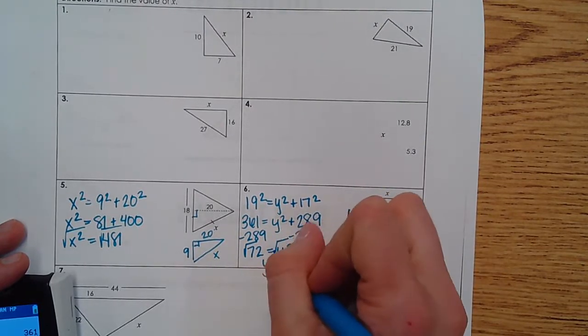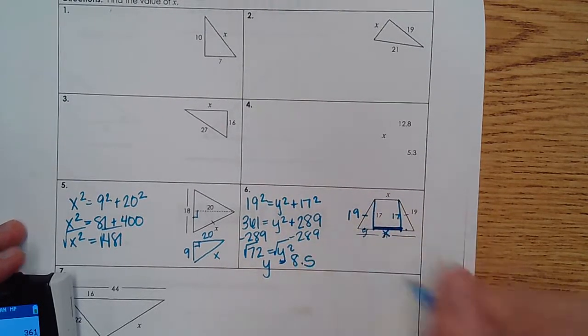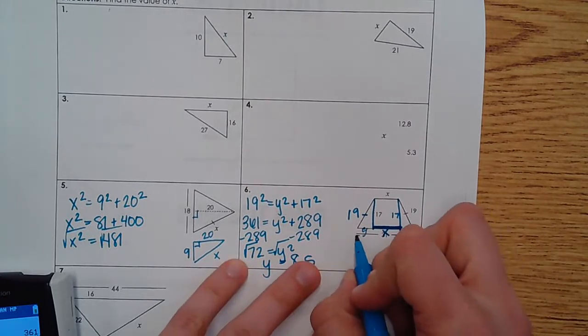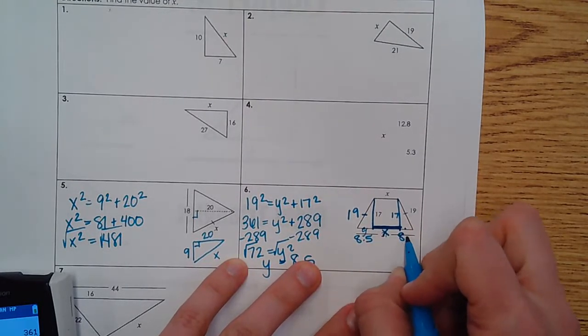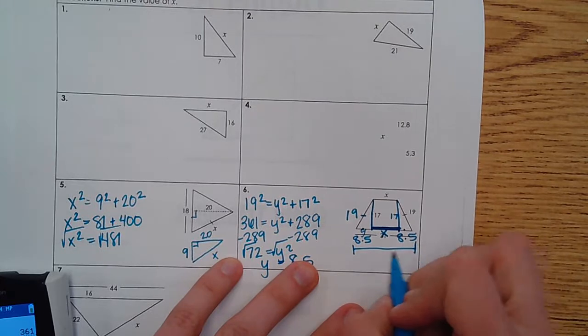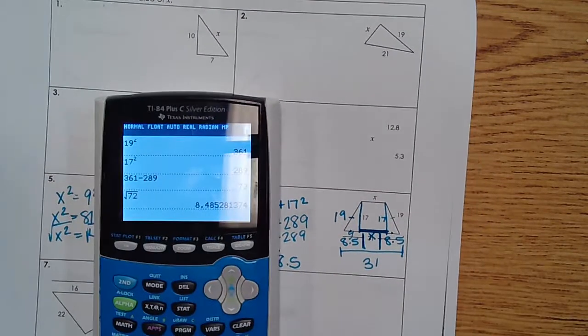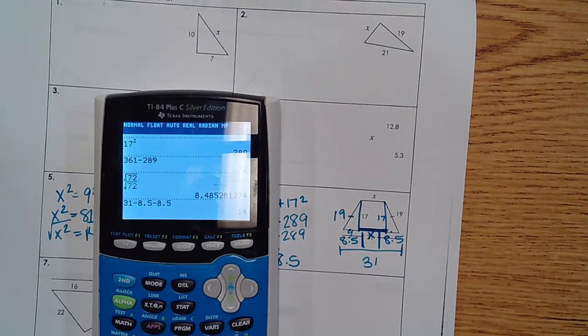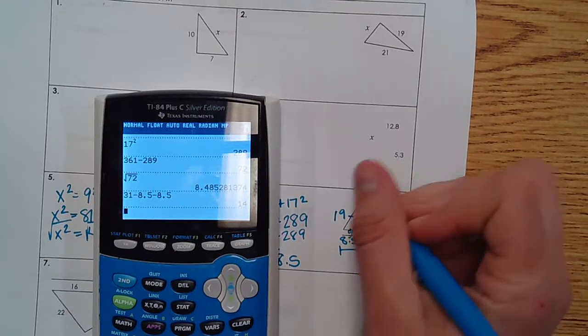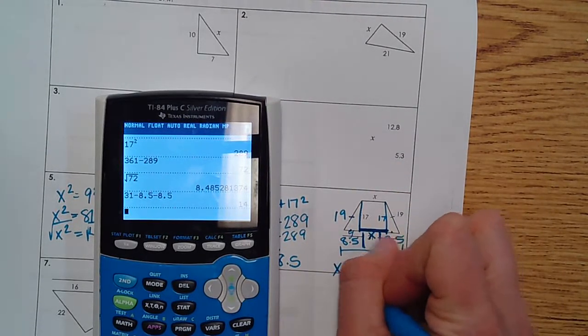I get y is equal to 8.5. So if this is 8.5 and this is 8.5 and the whole thing is 31, I can find the in-between piece by saying 31 minus 8.5 minus the other 8.5. I should get this chunk right here, x is equal to 14.